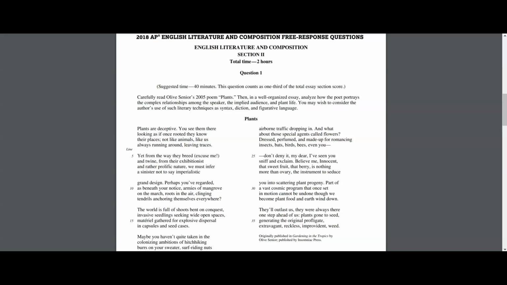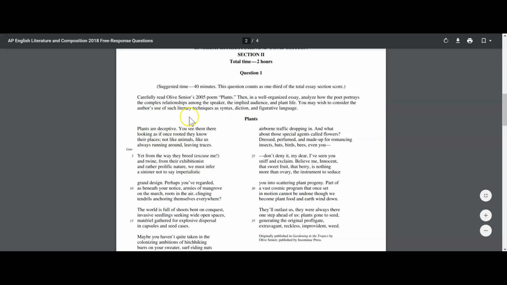They've given you a guideline of, you might want to consider syntax, diction, figurative language, right? And they're telling you, analyze this poem in terms of this particular thing. So how the poet portrays the complex relationships among the speaker, the implied audience, and plant life.